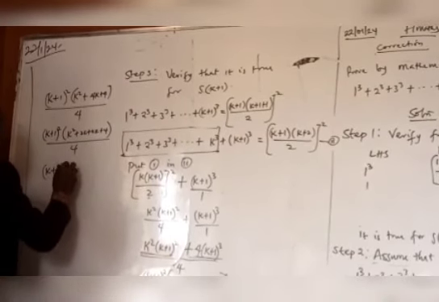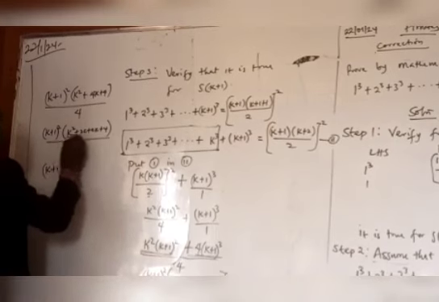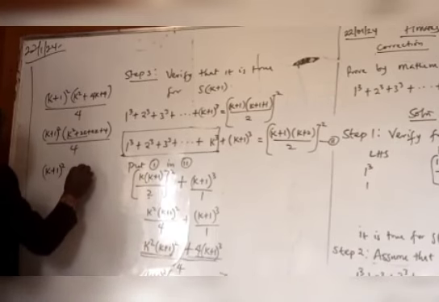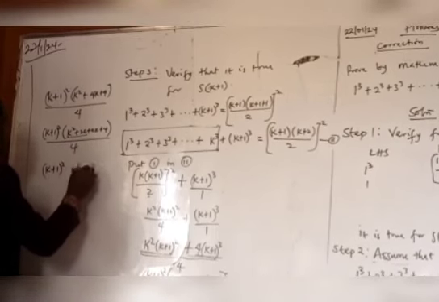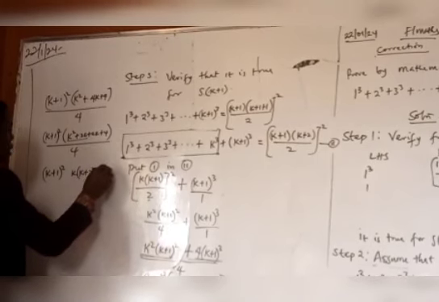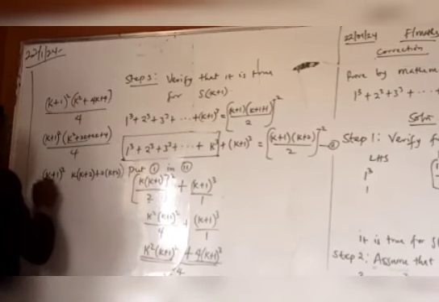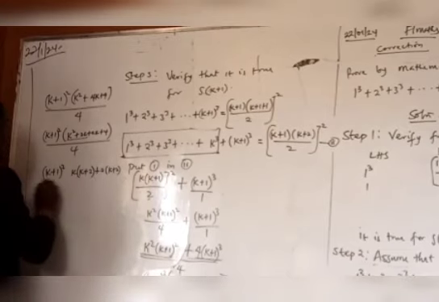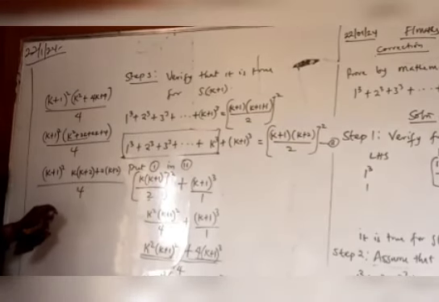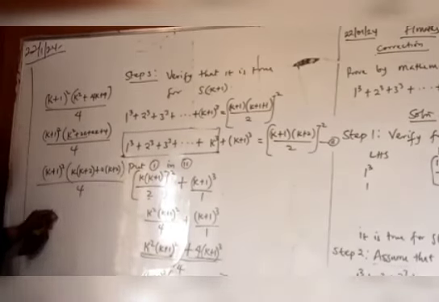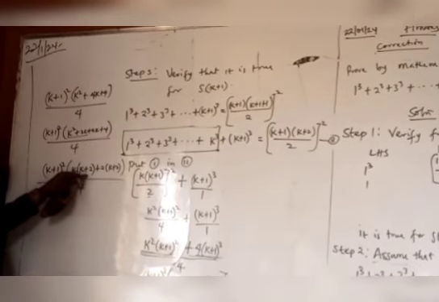So simplifying, we have (k plus 1) squared. This will give us k. k is common between these two. Then you have k plus 2, then plus 2, k plus 2, everything over 4. So we can use brackets here. Now you can see that k plus 2 is common.